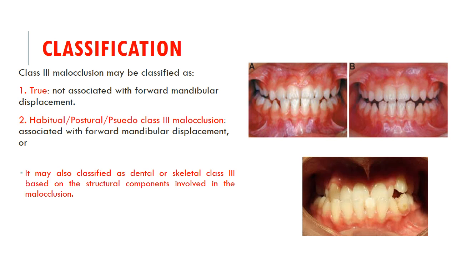But in the habitual, postural, or pseudo-Class III malocclusion, the maxilla and the mandible are of normal size, and both have a skeletal Class I relationship, but we have certain interferences in the occlusion of the patient. So to function well and have the maximum intercuspation, the patient has to shift his mandible anteriorly to have the maximum intercuspation between the teeth.